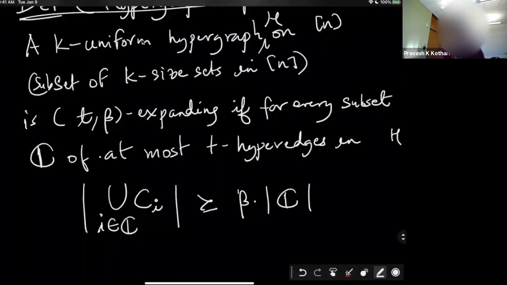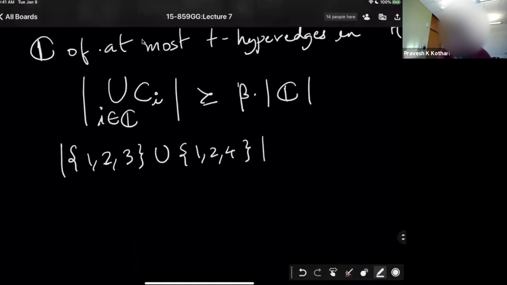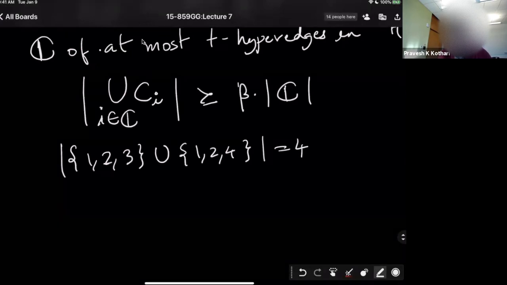If this definition is somewhat confusing, think of a 3-uniform hypergraph like this. If I look at {1, 2, 3} and {1, 2, 4}, there are these 2 hyperedges. If I take their union, they contain 4 unique indices, right? While there were 2 distinct hyperedges. So this satisfies the inequality above with beta equals 2, just in case that was confusing. But that's what it says.